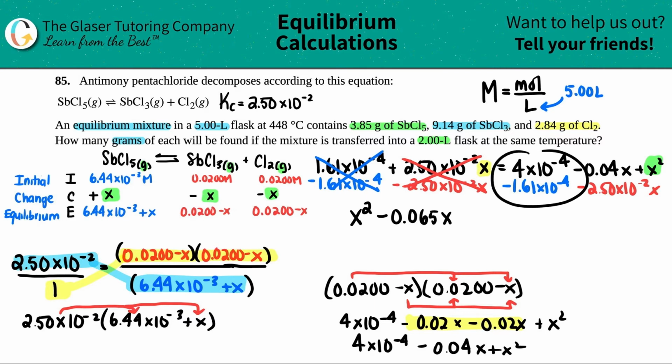And then I have to do this math. So 4 times 10 to the negative 4th minus 1.61 times 10 to the negative 4th. I get a plus 2.39 times 10 to the negative 4th. And this all equals 0. And now we're ready to do the quadratic formula.